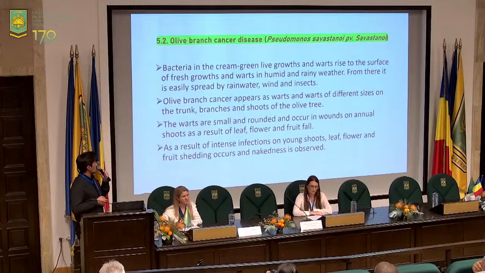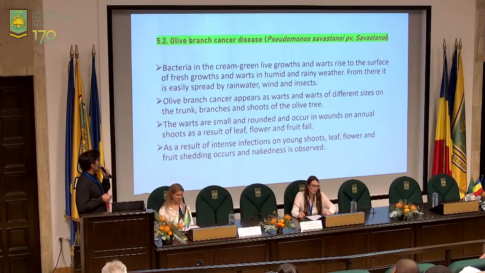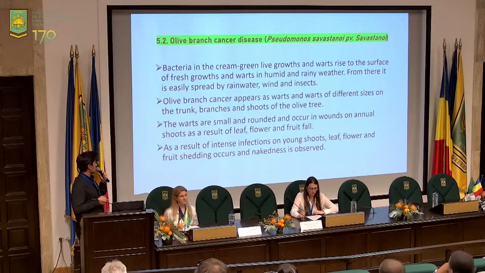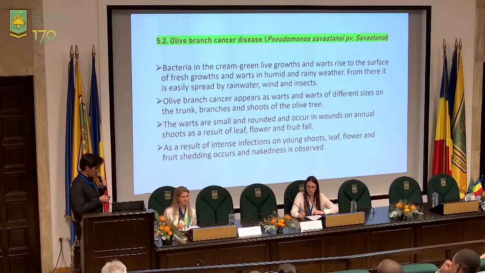Bacteria in the crown live in growths and warts, rise to the surface of fresh growths and warts in humid and rainy weather, and easily spread by rainwater, wind and insects. The warts are small and rounded or occur in wounds on annual shoots as the result of leaf, flower and fruit fall.